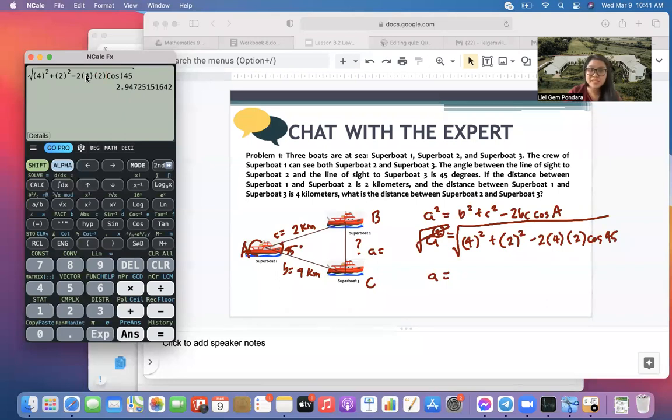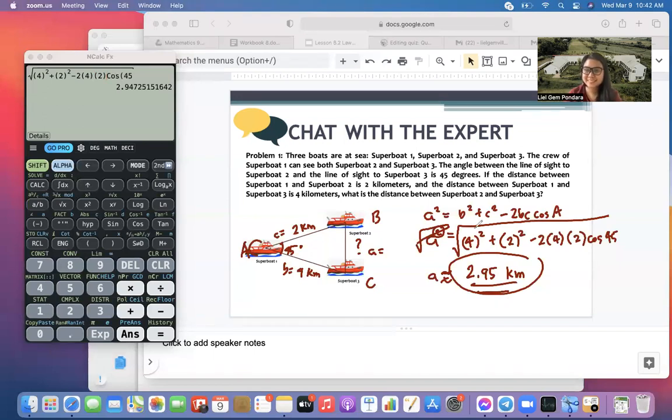The answer is approximately, with 2 decimal places, A is approximately 2.95. Do not forget the unit of measure in kilometers. So we say that Superboat 2 and Superboat 3 are approximately 2.95 kilometers apart.